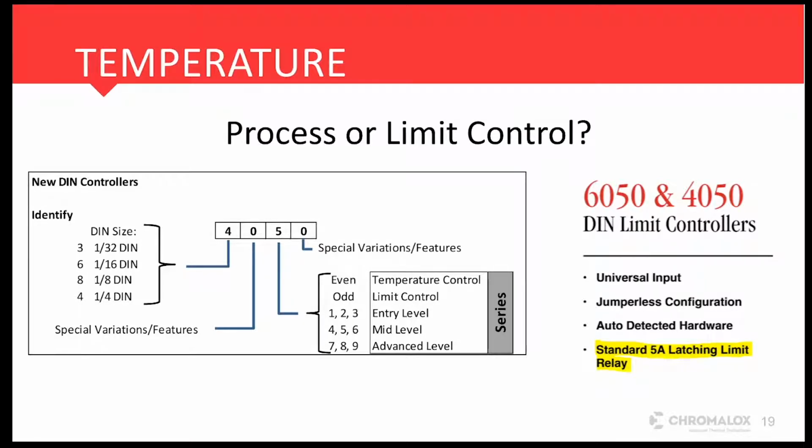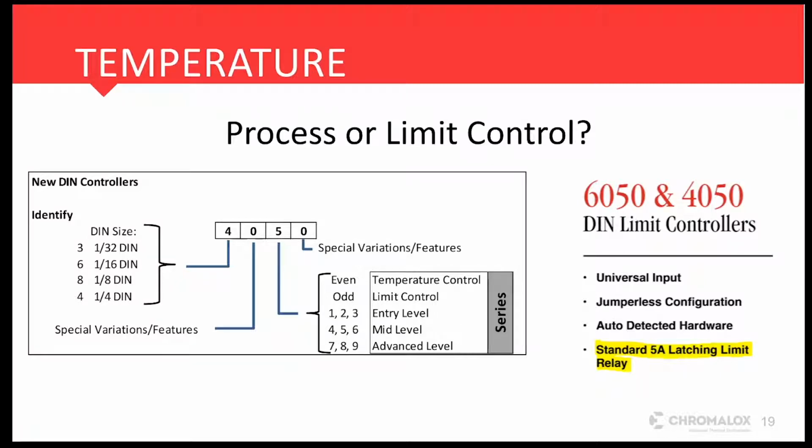Also, I wanted to show on this screen, there actually is a method behind the controller part numbers. As you can see here, every number in the first 4 digits of those controllers stands for something, at least the newer ones. You can see the DIN size there. That's the very first digit, so you know what size controller you're working with right off the bat. That second digit is pretty much never anything besides a 0.